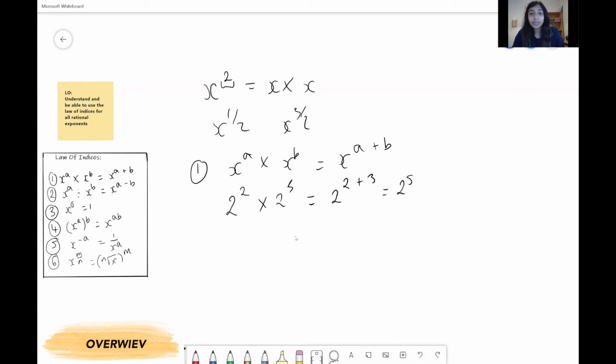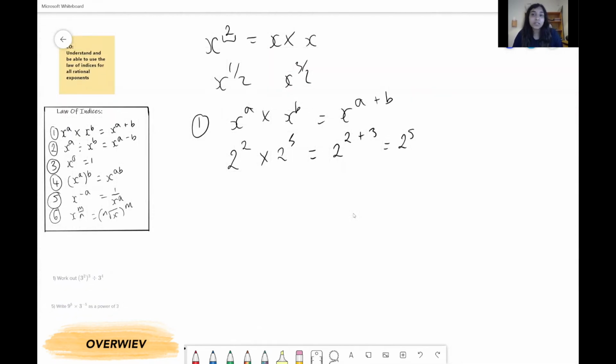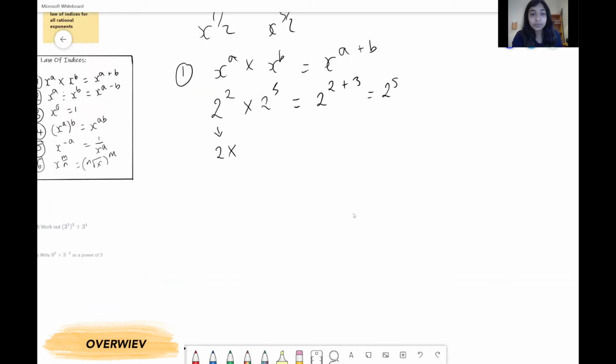To take you through how this comes about, you can break up the two terms of that equation. Remember that an index is just saying how many times you multiply that number. So 2 to the power of 2, you multiply 2 by itself twice, so it's 2 times 2.